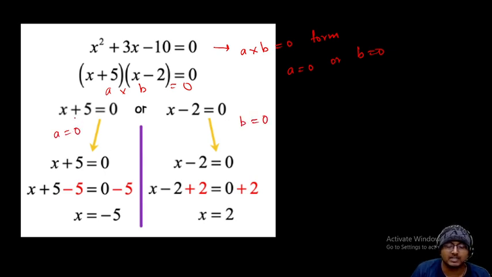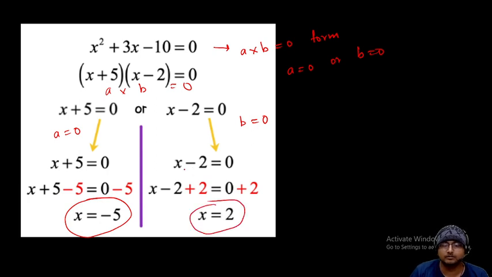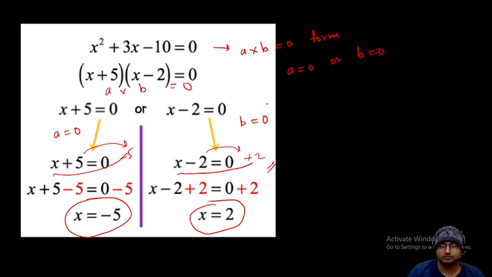A equal to 0 means x plus 5 equal to 0, so x will become minus 5. If x minus 2 equal to 0, x will become plus 2, because if you send this minus 2 to this side, it will become plus 2. And here plus 5, if you send it to this side, it will become minus 5. So x is equal to minus 5 and x is equal to plus 2. That is our answer. Okay, so like this we have to solve the problems.